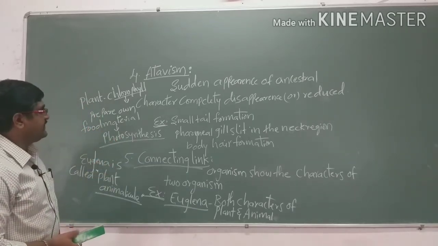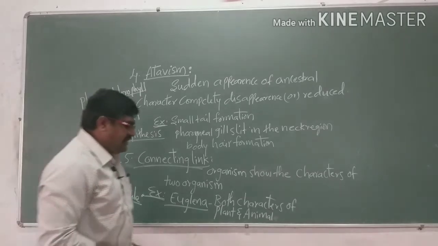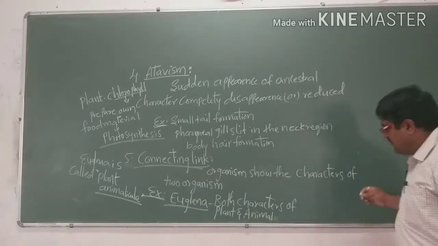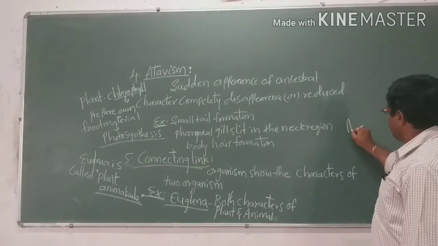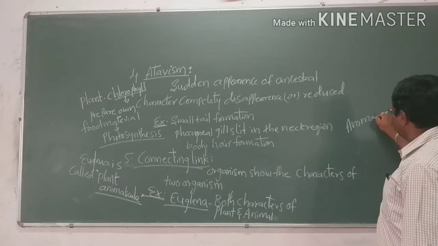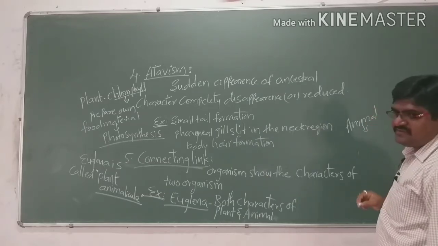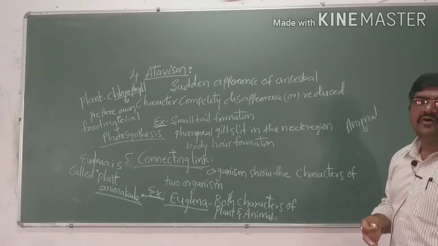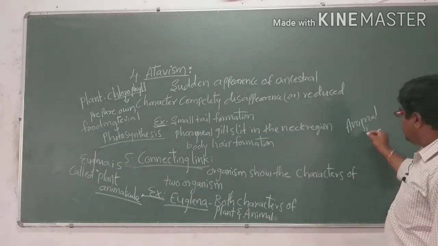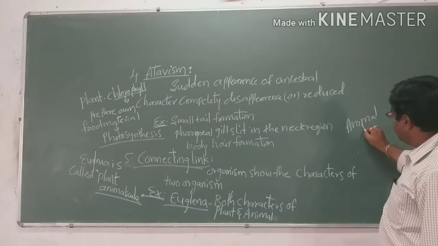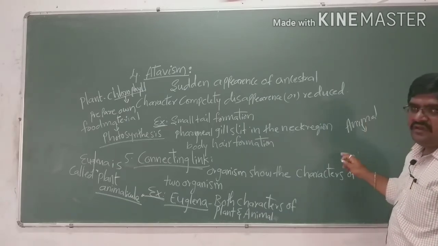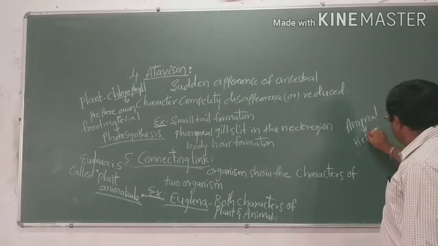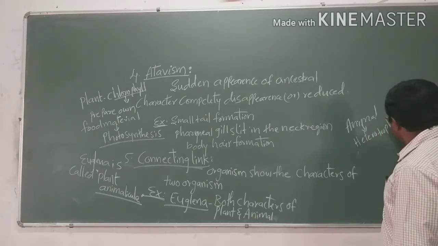Now the animal character. If sunlight is not available, the organism depends on other organisms. Animals cannot prepare their own food materials, so these are heterotrophic organisms.